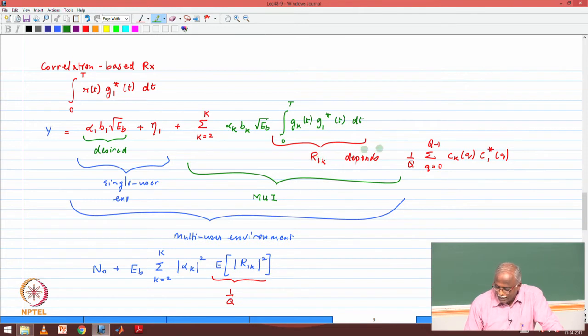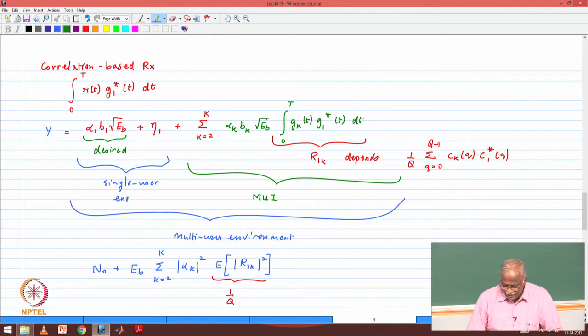So R1k is the cross correlation between Gk and G1 star. Similarly you can get it for all the different terms. This is the multi-user interference part. So your decision statistic contains the part that would have been there if a single user was present, plus some other impairment that is part of the multi-user interference.